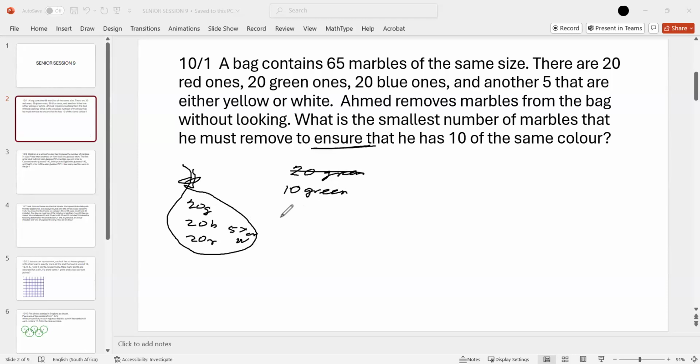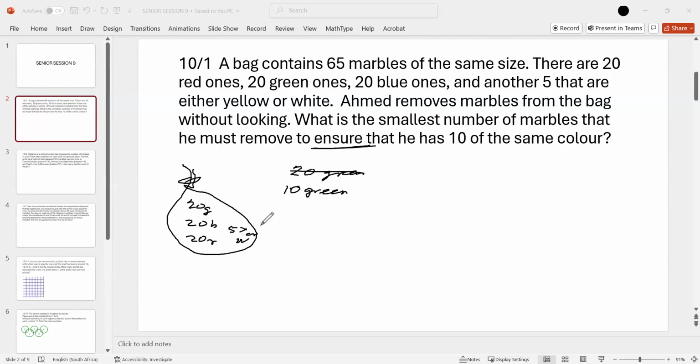So the question is now, if you remove all 65 marbles, for instance, then you certainly will have 10 of the same color. But you want to know what the smallest number is. In other words, how many must you draw from the bag in order to ensure that he has 10 of the same color?